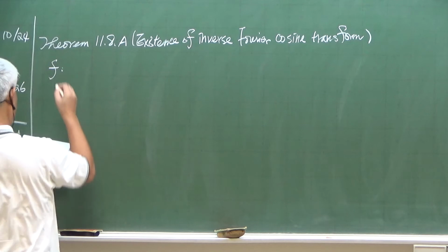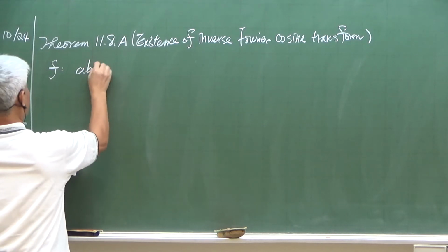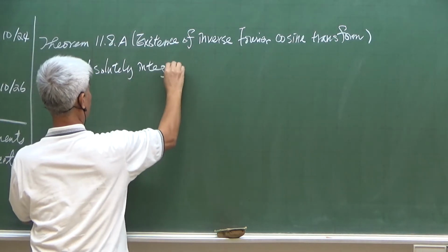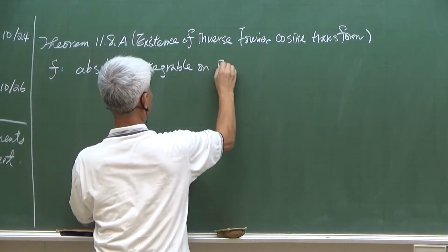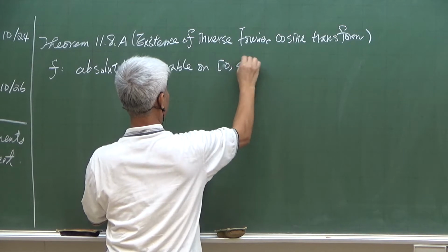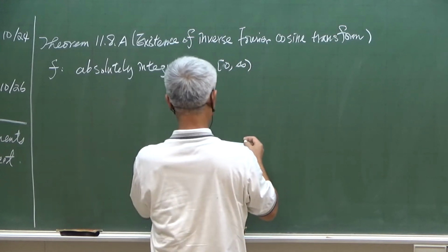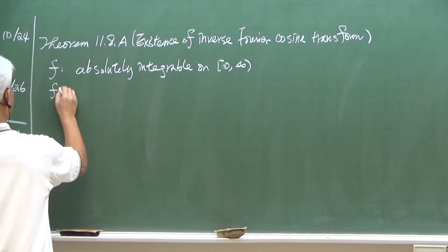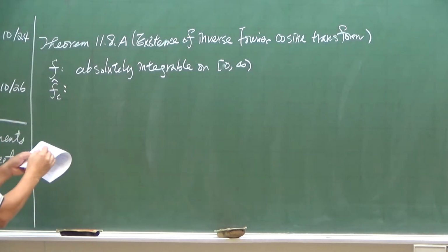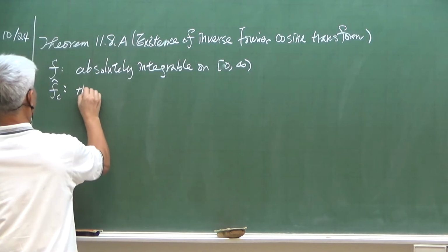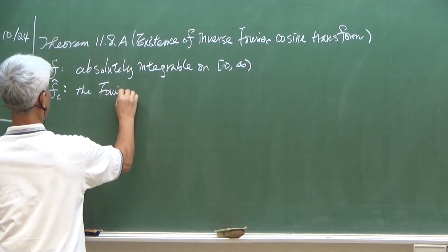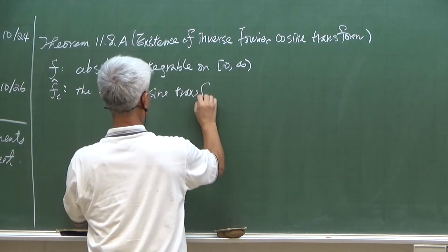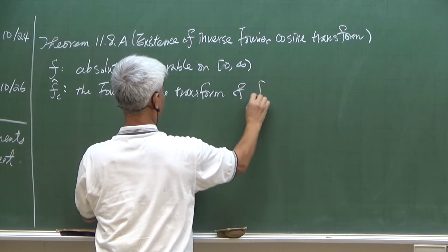Let f be absolutely integrable on the semi-infinite interval, and let F_c be the Fourier cosine transform of f.